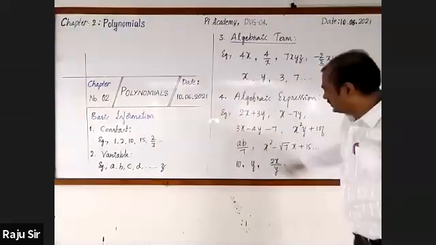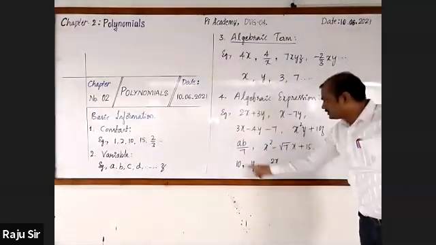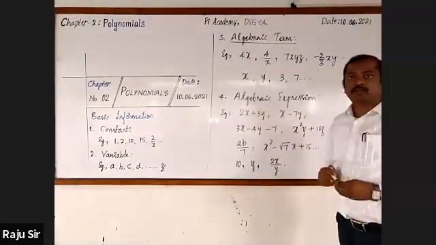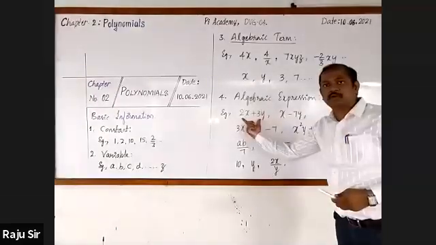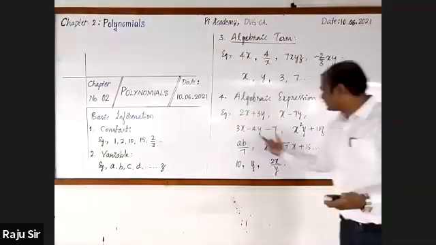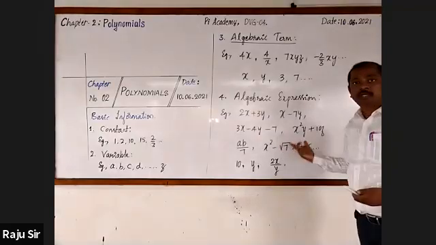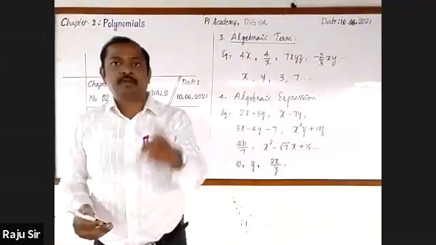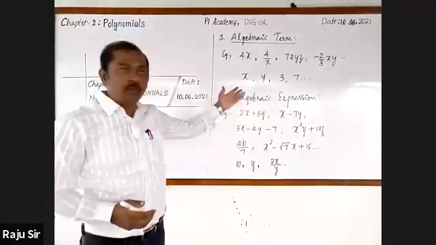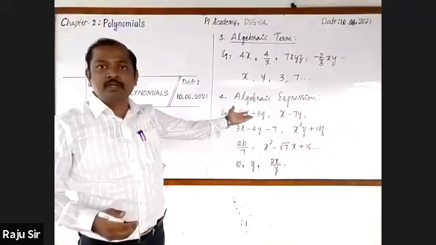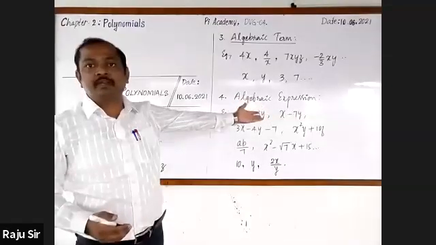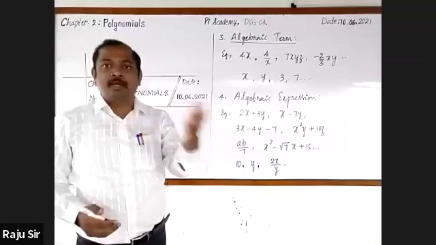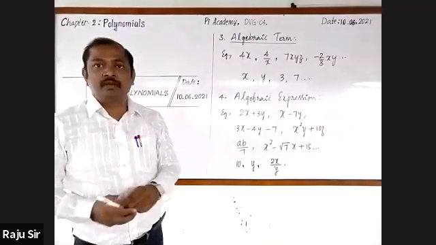You can notice that in these algebraic expressions, we have some expressions having a single term. Some expressions consist of two terms. Some expressions consist of three terms. So, based on the number of terms involved in the algebraic expression, we can classify them as monomial, binomial, trinomial.